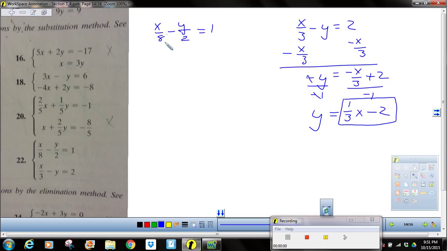And I believe before I do that, I'm going to get rid of the fractions in the equation, because if I don't, substituting this into this mess will be very messy. I'll multiply this by 8, which is the common denominator over here.